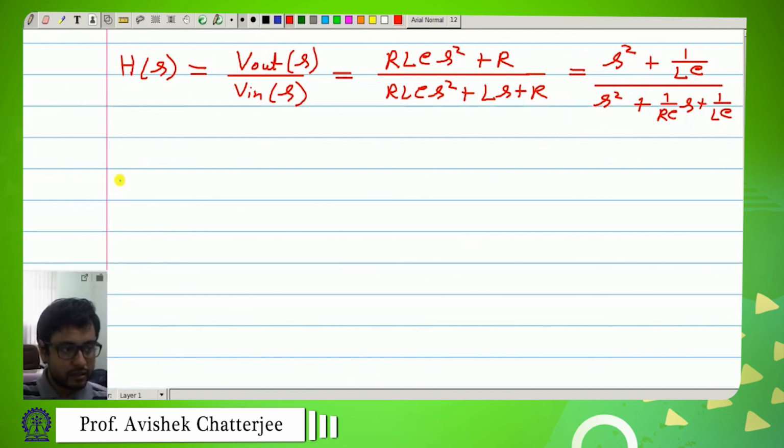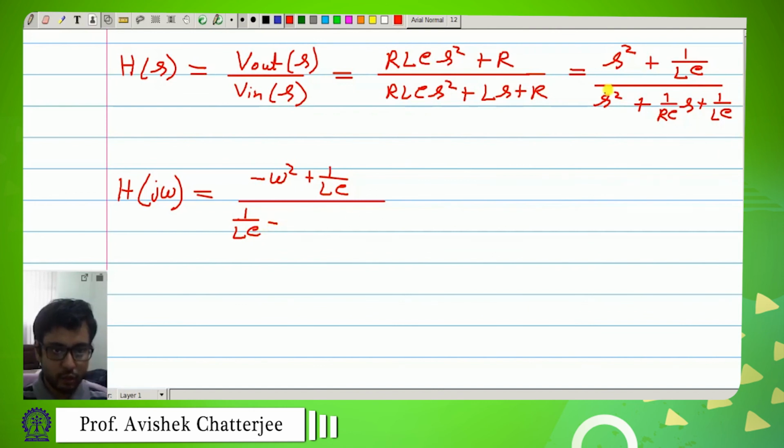Then you have to put s equal to j omega to get the Fourier transform of h(t). That will be minus omega square plus 1 by LC divided by here 1 by LC minus omega square plus j by RC omega.